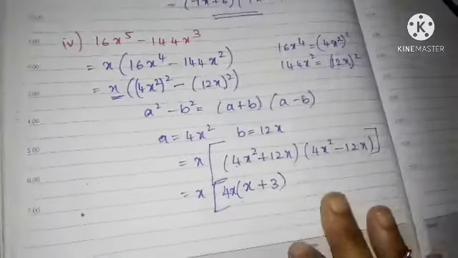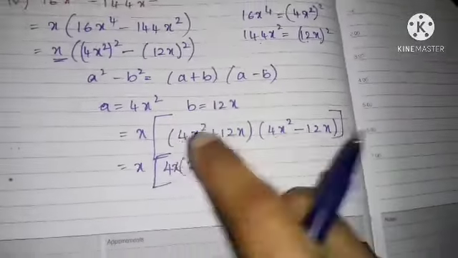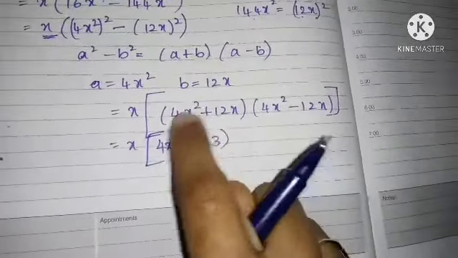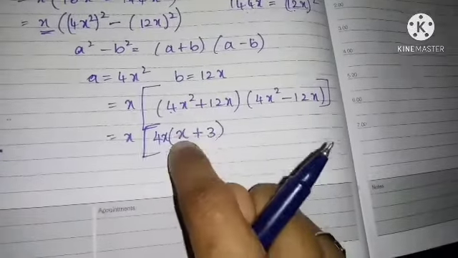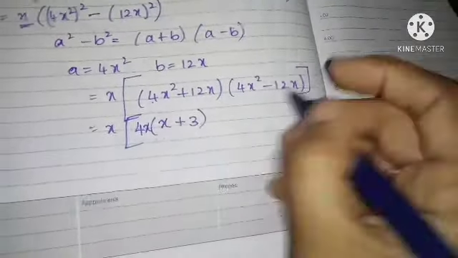I have taken 4x outside because 4 is common and x is common in both. So in this also 4x is common, x minus 3.